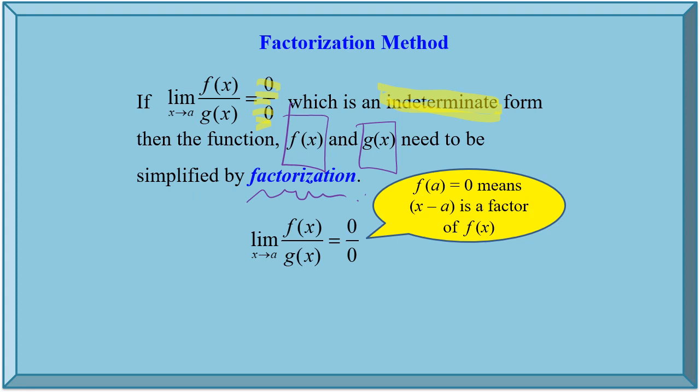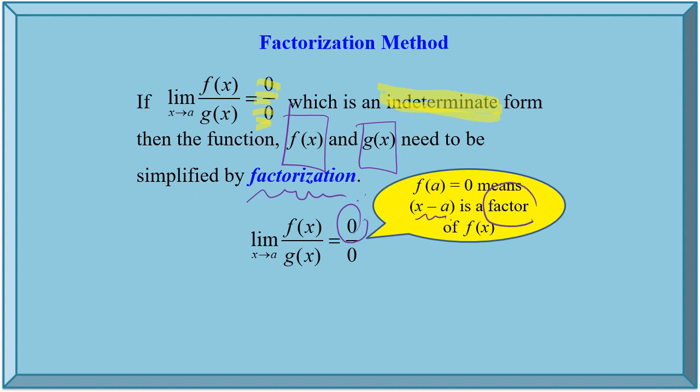f(a) equal to 0 means that x minus a is a factor of f(x). Okay, so let's say we have x minus a on the top, and if we substitute the value we get 0, right? It means that x minus a is a factor.